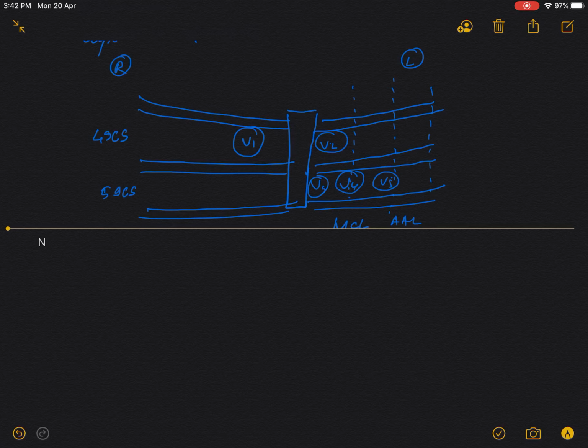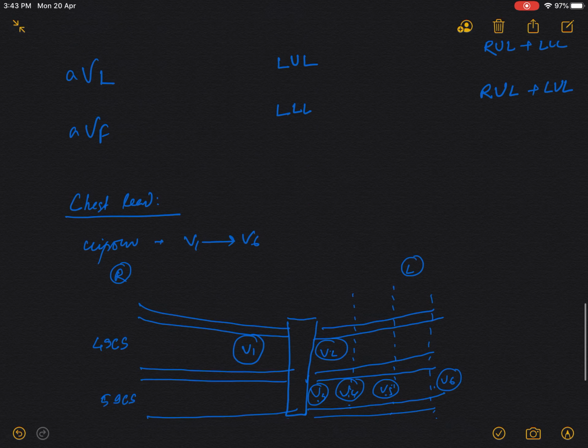At the mid axillary line, we have V6. So V1, V2, V3, V4, V5, V6. These are the chest leads which measure the electrical activity in the horizontal plane as well as in the coronal plane. Thank you.